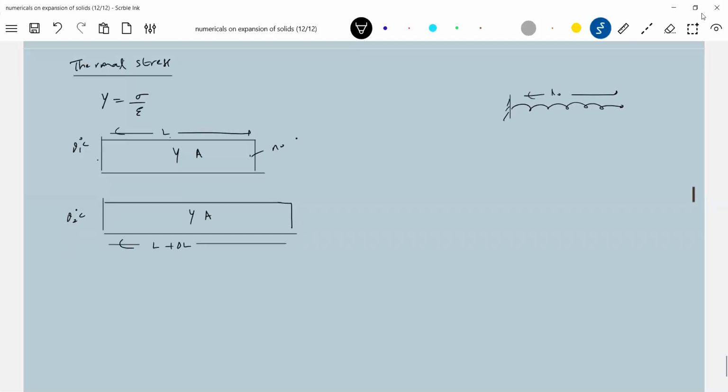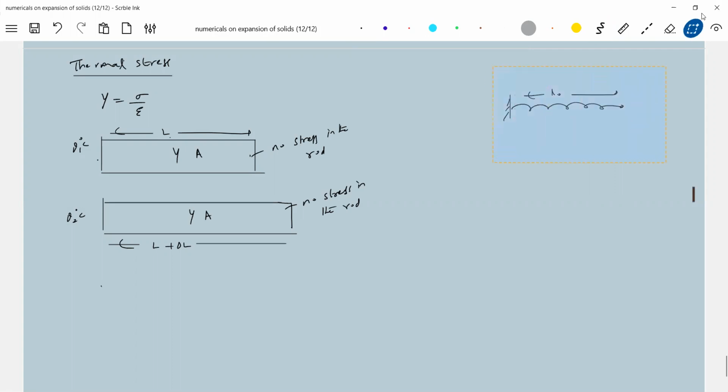No stress in the rod. Similarly, here also, no stress in the rod. Getting the idea? Okay, now I will increase temperature, but I will not permit it to expand.